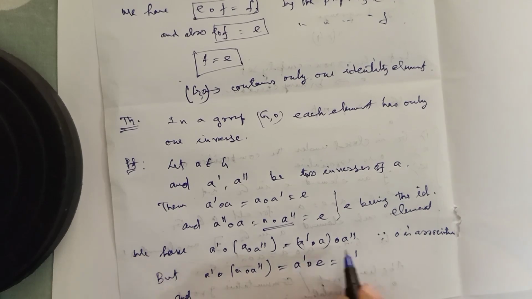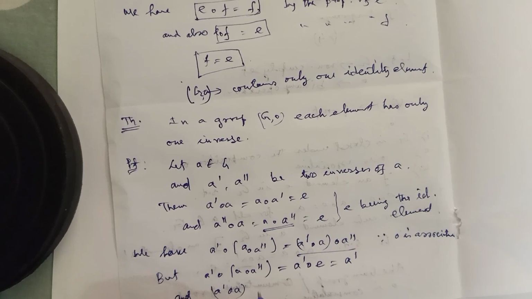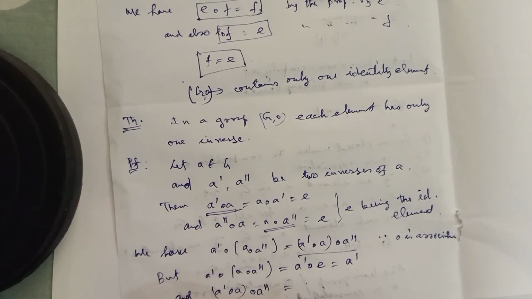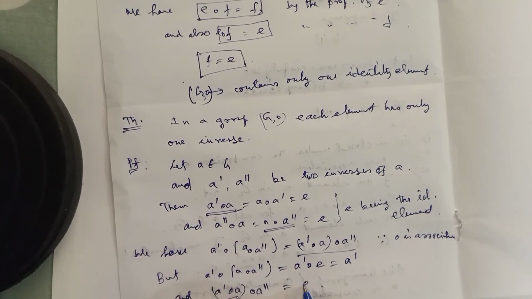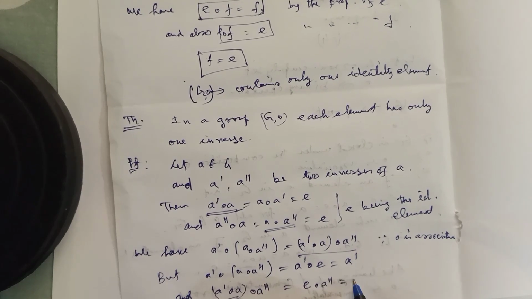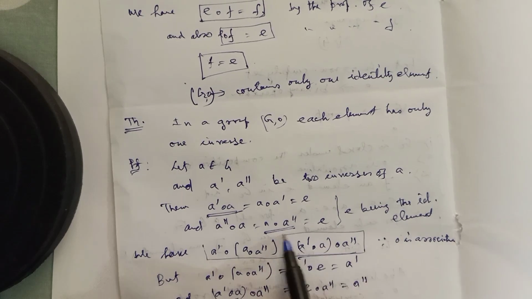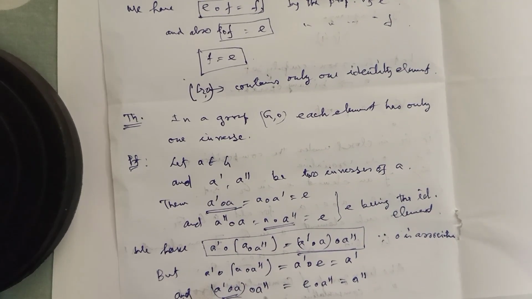And from the right hand side, A compose A double dash equals E, so it equals E compose A double dash, which equals A double dash. So this expression equals A dash and this expression equals A double dash.